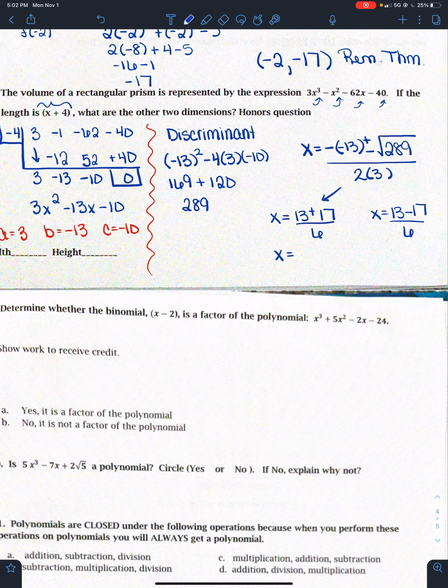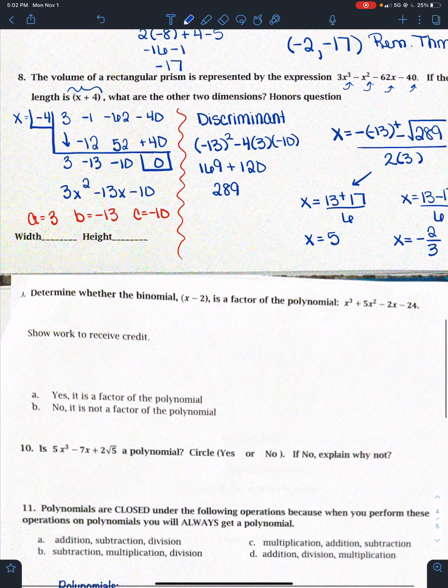So I get x equals 5. And on this one over here, I get negative 4 over 6. So x equals negative 2 over 3. Okay.